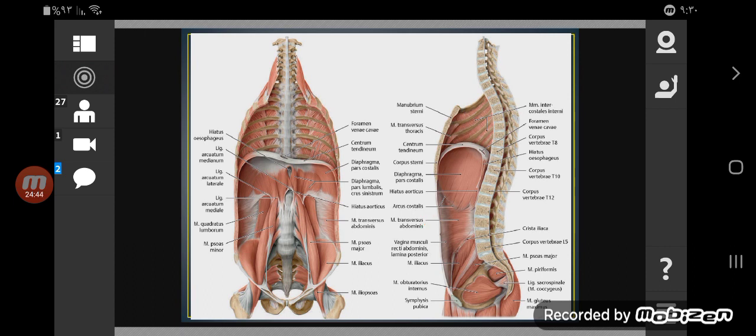It was the lumbar part of the diaphragm, pars lumbalis in Latin, from here to there. Okay?